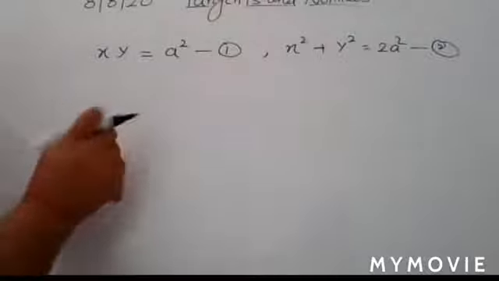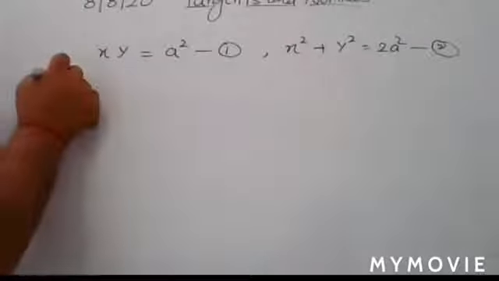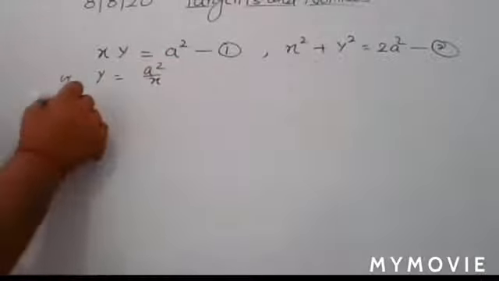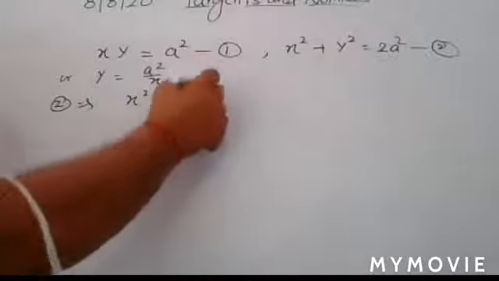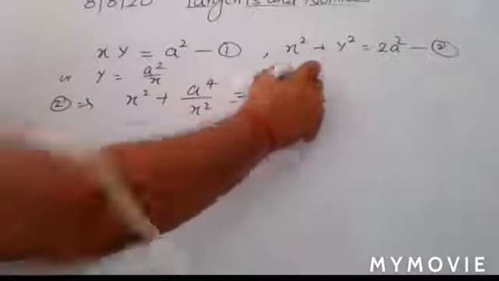So first of all, solve and find the value of x and y. Here you have y is equal to a square upon x, and put it in the second equation. So x square plus a to the power 4 upon x square is equal to 2a square.